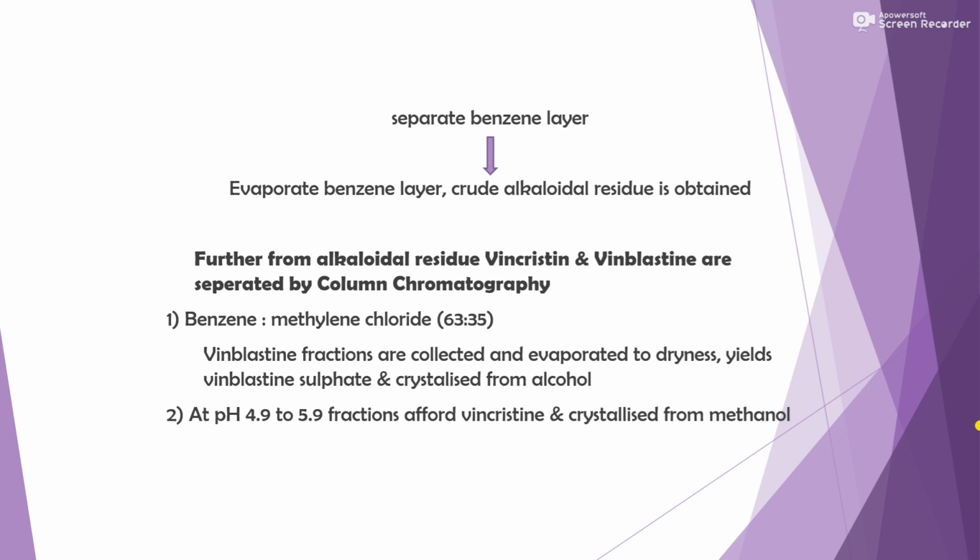At the pH of 4.9 to 5.9, fractions afford vincristine and they are crystallized from methanol. So depending upon the pH, vincristine is separated out, and depending upon the mobile phase, vinblastine is separated out. Both of them are crystallized using alcohol or methanol.